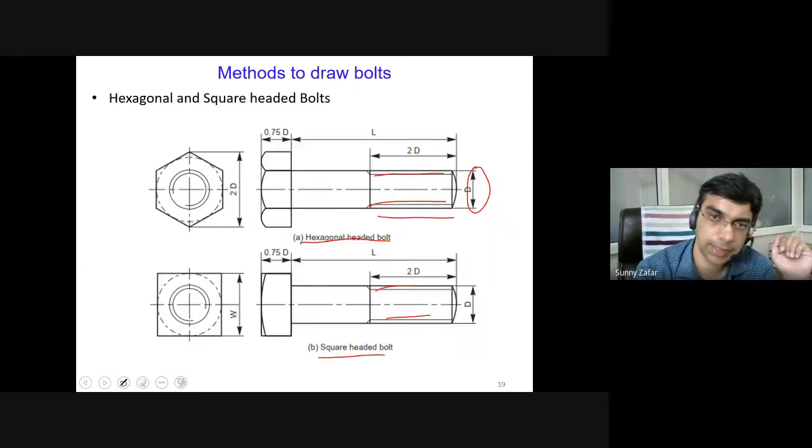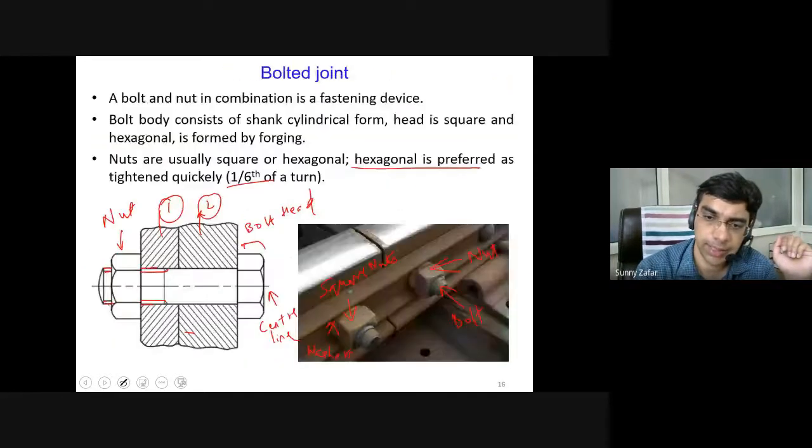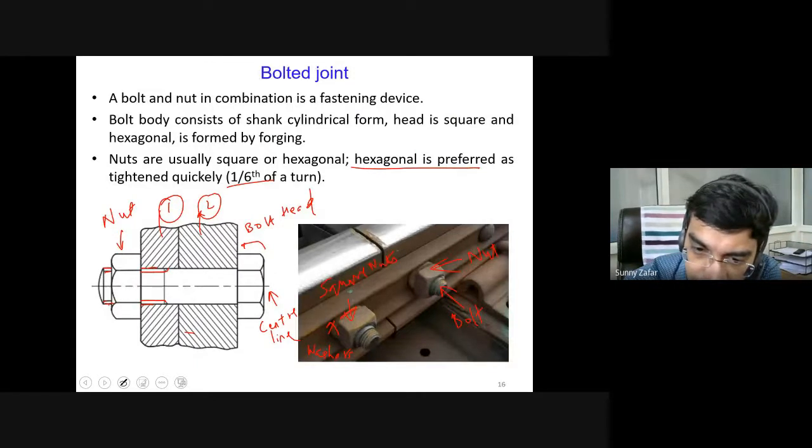I'll go back to the slide of that rail joint. Here you will see that a washer is being provided, and here also the washer is provided. What is happening when you are tightening this nut? If the washer is not there, when you give a full torque of tightening, the nut will start to come in contact with this joining plate.